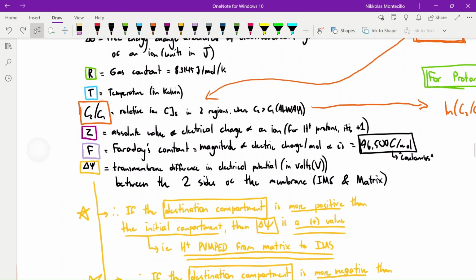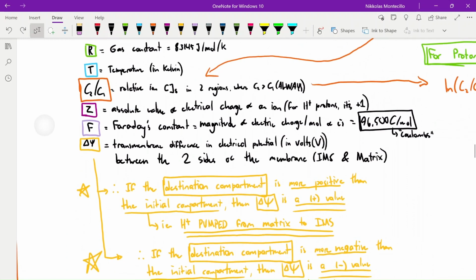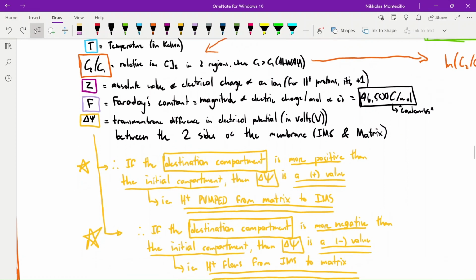Okay, and then the last part of the mathematical expression for the electrical potential is the transmembrane difference, represented by this symbol here. Transmembrane difference in electrical potential in volts. So this just refers to the transmembrane difference in electrical potential in volts between the two sides of the membrane.